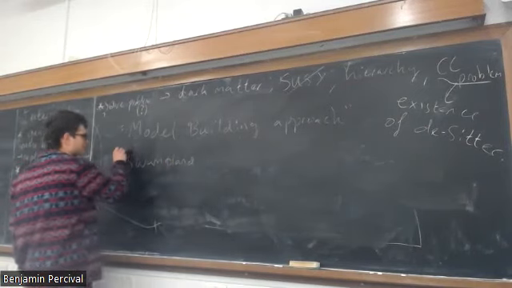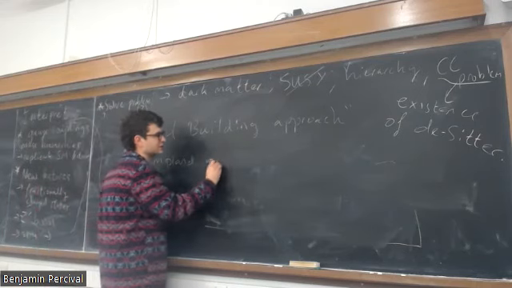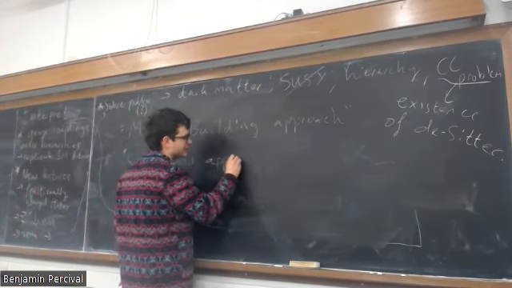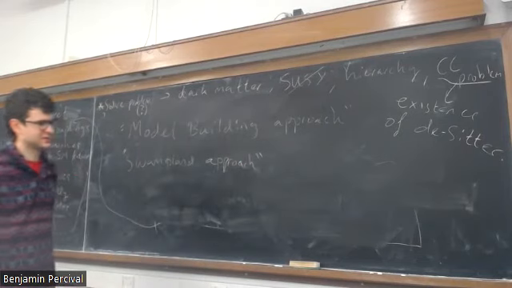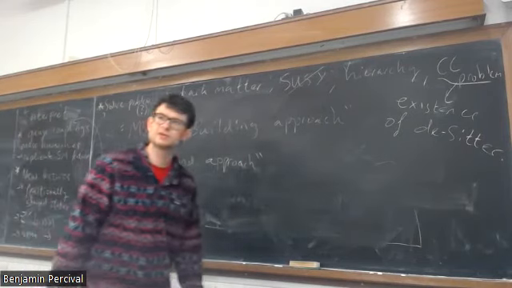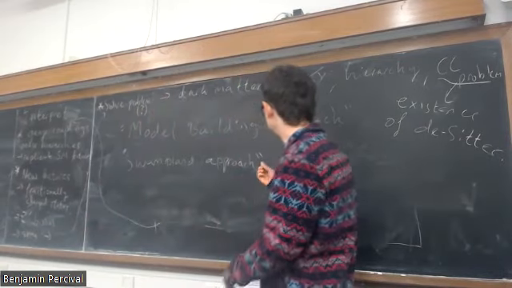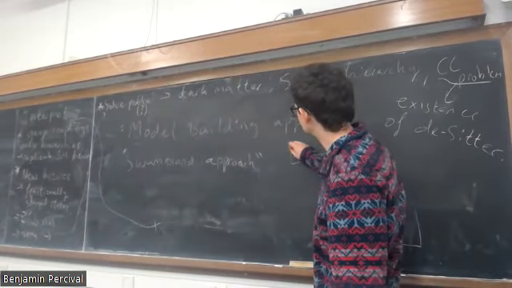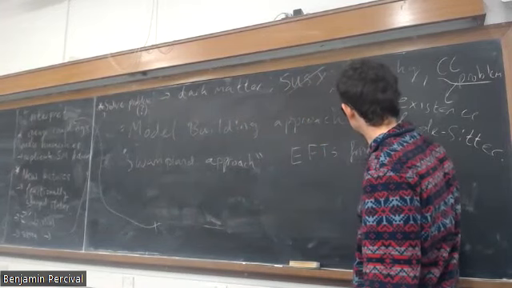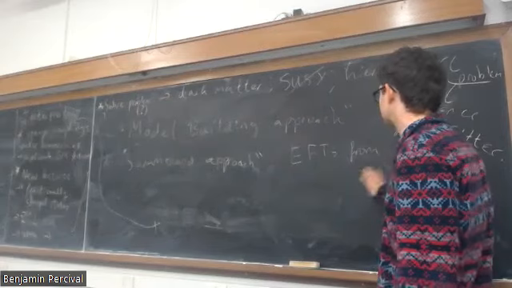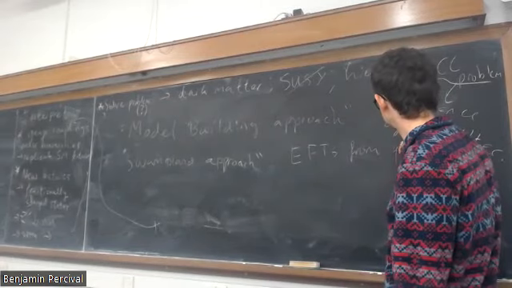And I think now probably the swampland approach is almost a catch-all term for this approach that typically starts more by looking at EFTs from string theory, or just the EFTs from quantum gravity.